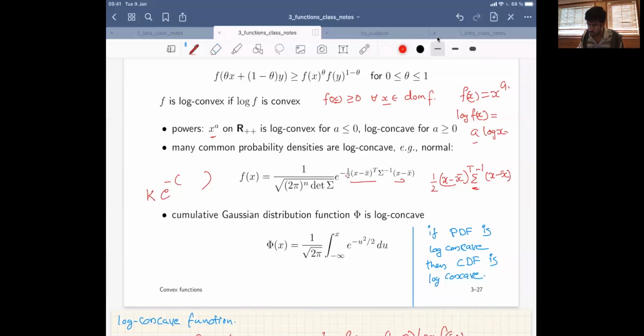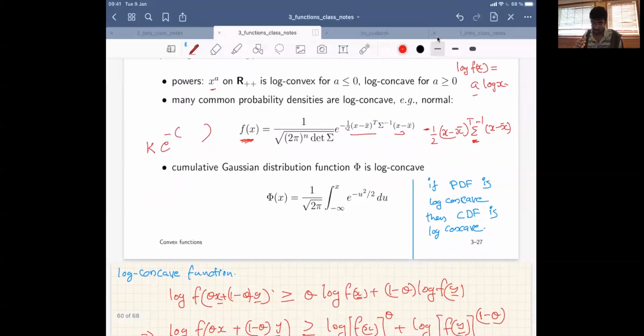Let's consider it like that. In that case this will be convex, and if you put a minus sign here, this will be concave. So when you take log of this function, you are getting a concave function. That means this function is log concave.